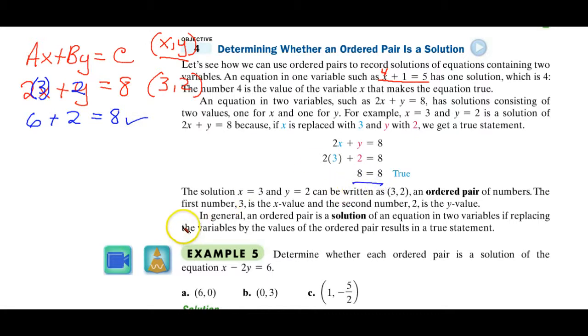Okay? Now, we say then that the ordered pair 3, 2 is a solution for that original equation, which was right there. Okay? And then we will proceed.